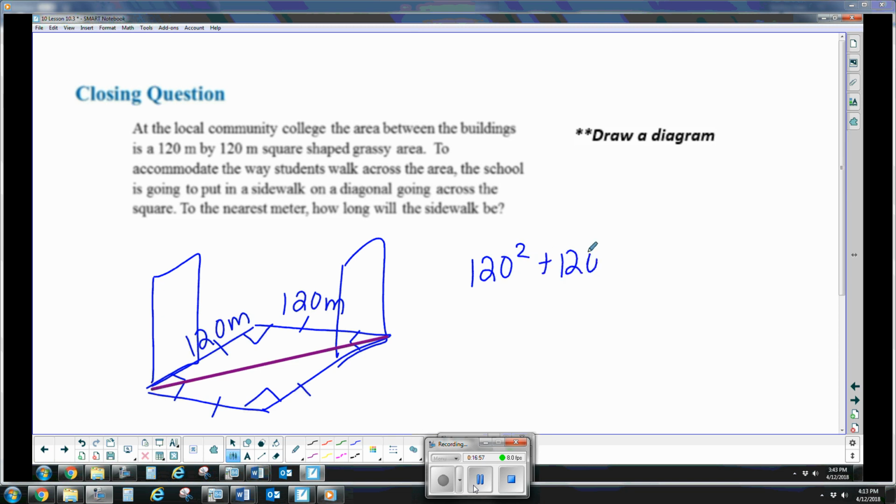So we can use the Pythagorean theorem to solve for this problem. But if you recognize that this is an isosceles right triangle because we're cutting a square in half, you can use that conjecture that we have for the 45, 45, 90 degree triangle, which says that the hypotenuse is equal to the length of the leg times the square root of 2.